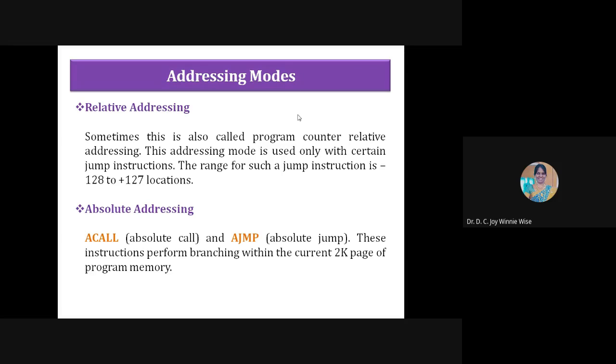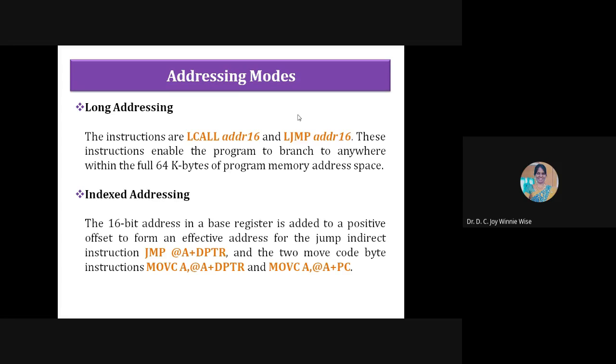The subroutine must be placed within the 2048 memory locations. With absolute jump, we can jump to a memory location within that 2K range. In long addressing, we have two instructions, long jump and long call. Long call is used to call a subroutine, and long jump is just a transfer of control. We are jumping to that memory location.